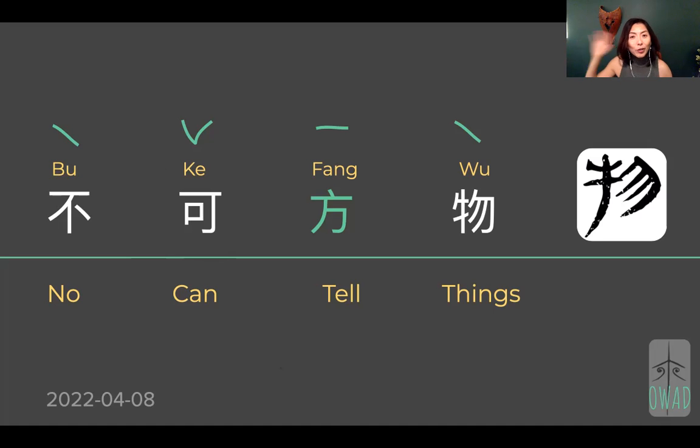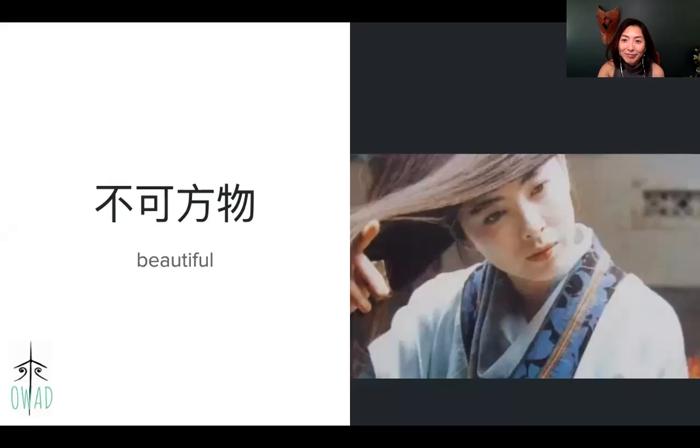So before you know what's going to be talked about, you know it's a negation already. You heard 不可, 不行, 不能, everything with 不, before we even know what the action is, you already know it's impossible, right? So it's no can. We don't say cannot. We say no can. No can tell things. What does that mean? Okay, a beautiful thing.